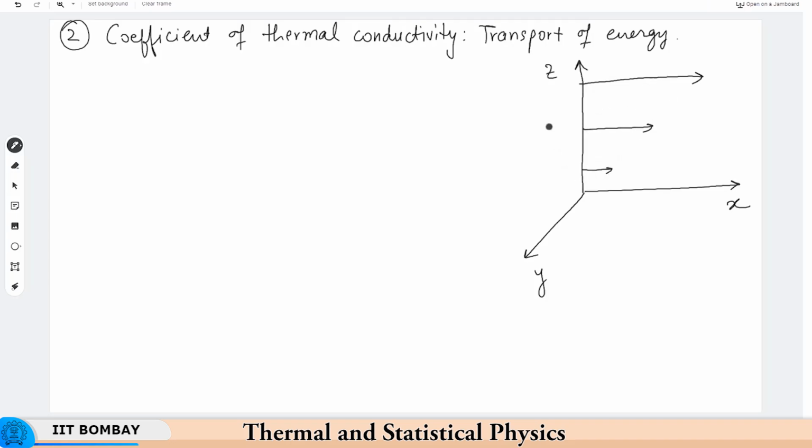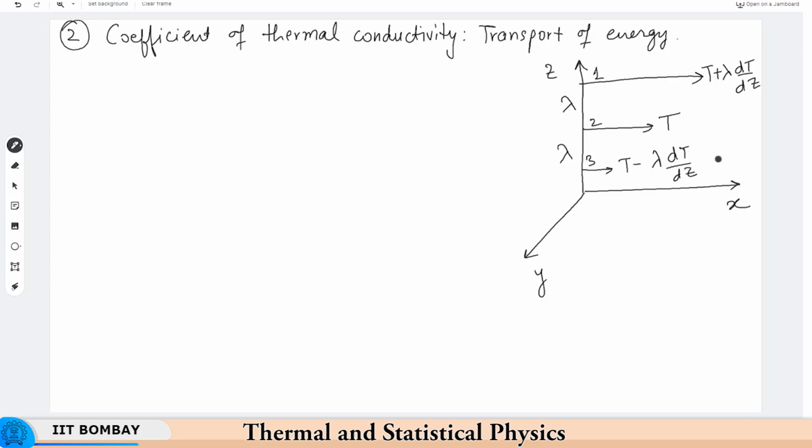Say this is plane 1, plane 2, plane 3, again separated by a typical distance lambda, and the temperature of the gas molecules in this plane is T plus lambda times dT by dz, where dT by dz is the temperature gradient along the z axis. So this is temperature T and this is T minus lambda dT by dz.